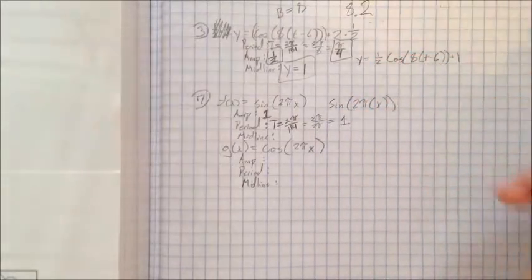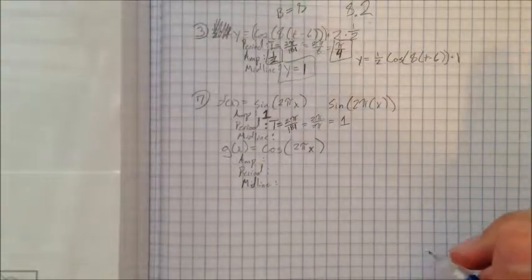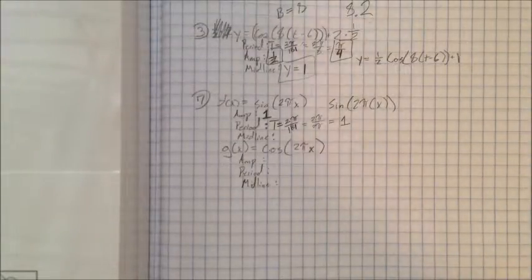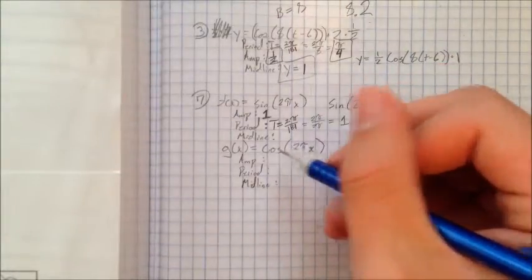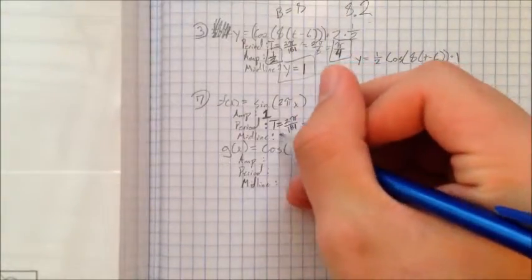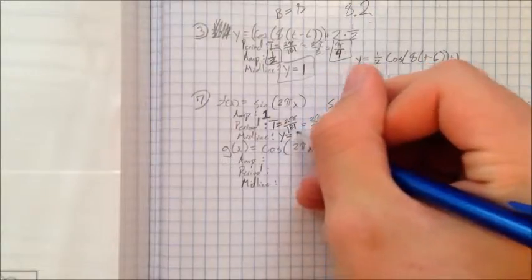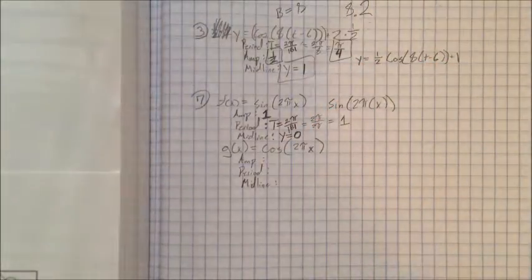So our period is 1. And our midline, well, we're not shifting up and we're not shifting down. So while the period changes, the amplitude and the midline are the same as a natural sine or cosine function. So the midline is at y equals 0.